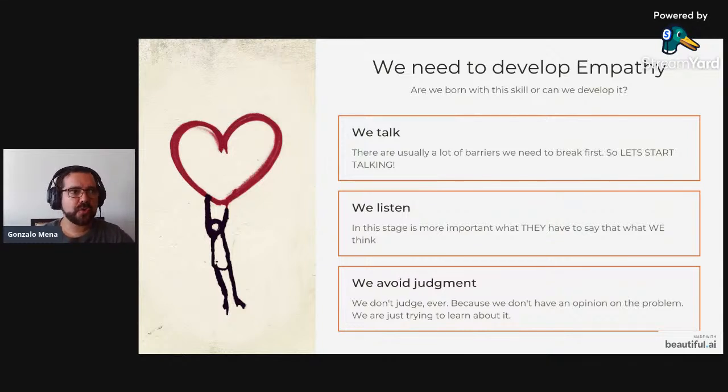You don't react, you don't scream, you just pay attention and try to absorb as much as possible, and make the person that is sitting next to you feel comfortable, like they're in a safe space where they're not going to be judged, they're not going to be told what to do, they're not going to be told that they're wrong. You're just there to listen, to understand them, and to help them, but not from a place of, I'm up here, I'm better than you, I have a better situation than you, and I come to help you because you're so poor.